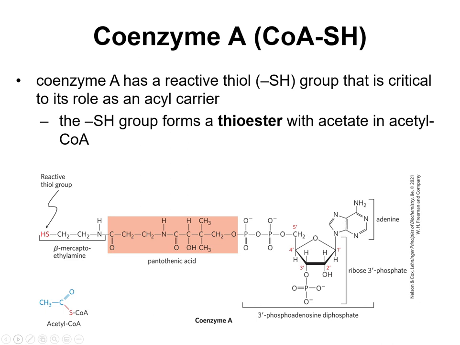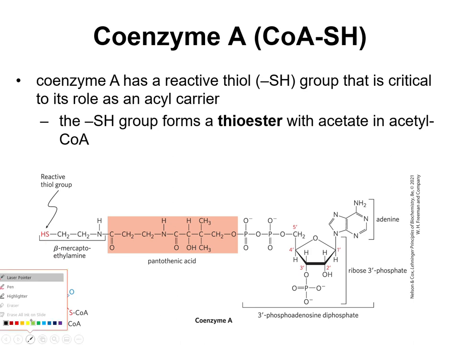The thiol group forms a thioester with acetate in acetyl-CoA. So you see this huge molecule. I'm going to switch to my pointer here. This huge molecule is CoA, the entire thing. The business end is here, the reactive thiol group.